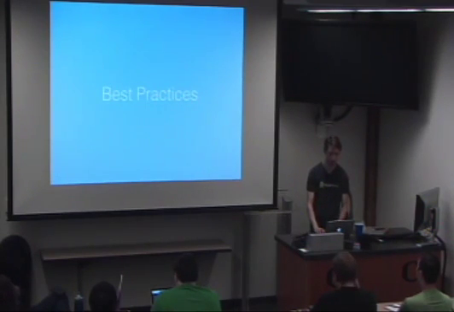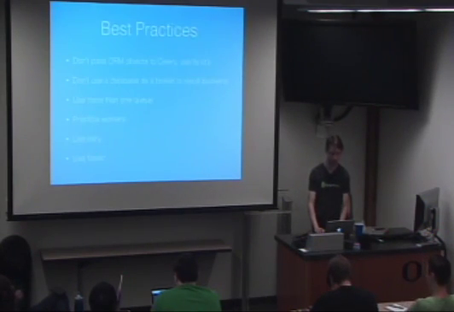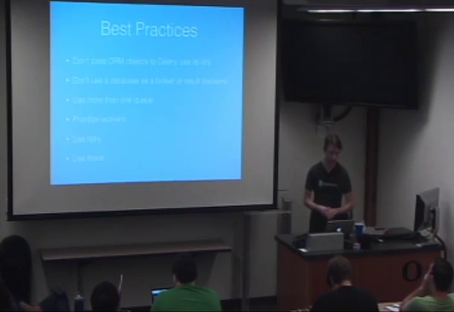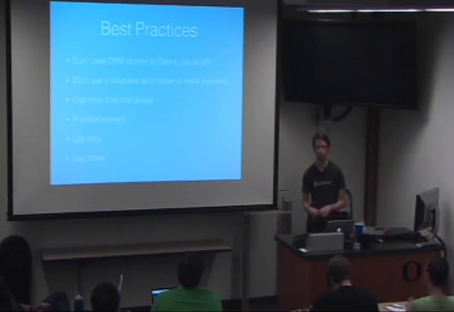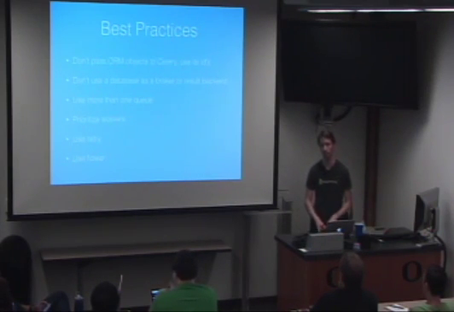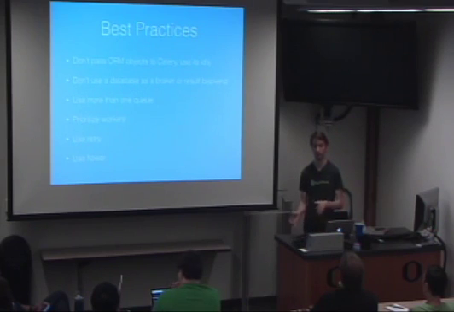Okay, a couple of best practices. There are a couple of mistakes I made in the past. One big mistake I made was passing ORM objects to the Celery queue. That's a really big no-no. Celery supports a bunch of ways to serialize, and one way is that it can pickle anything, and it literally does pickle anything.